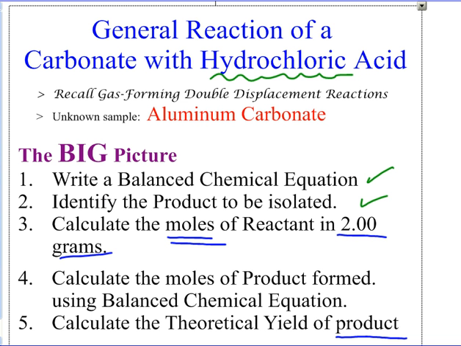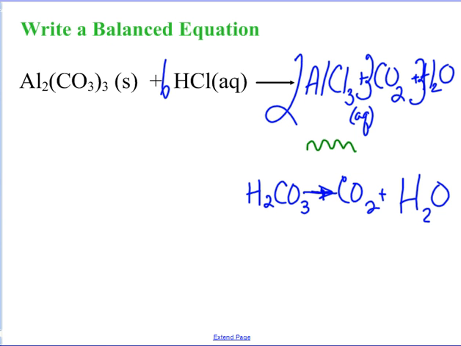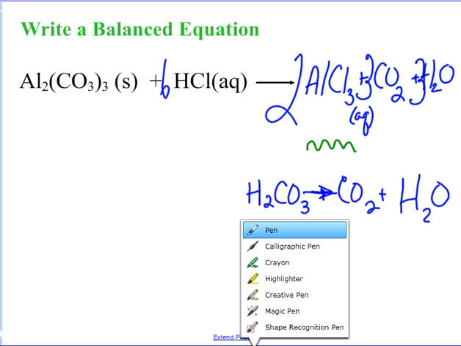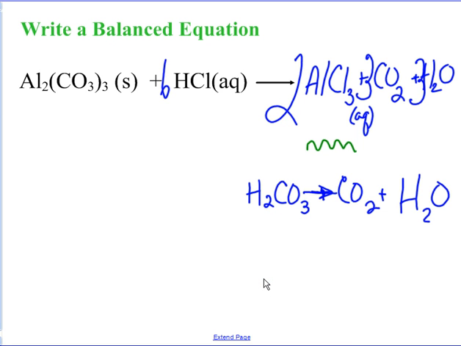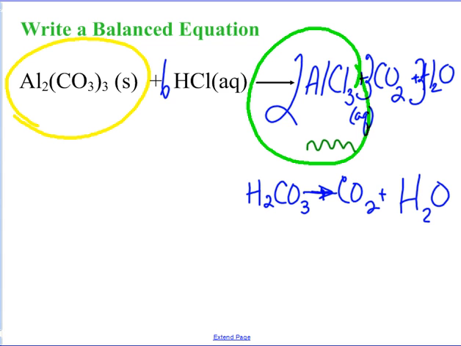So knowing the moles of the reactant, we can then move to understanding the moles of the product formed by using the balanced chemical equation. Let's go to that equation and see the relationship between aluminum carbonate, which is our reactant, and our product, aluminum chloride. So we want to know, what is the mole ratio between aluminum carbonate and aluminum chloride?